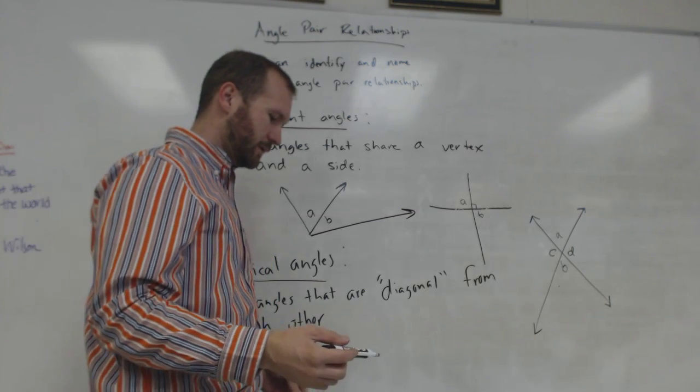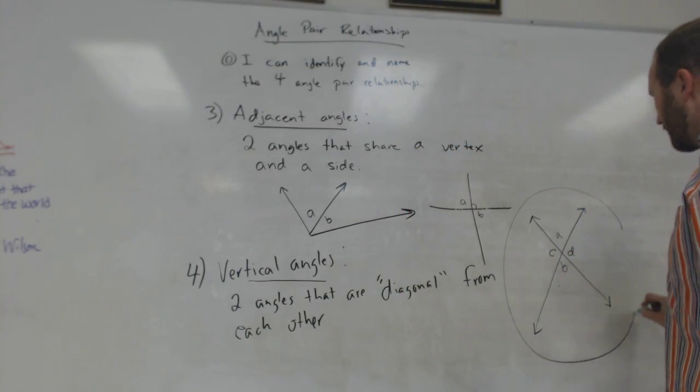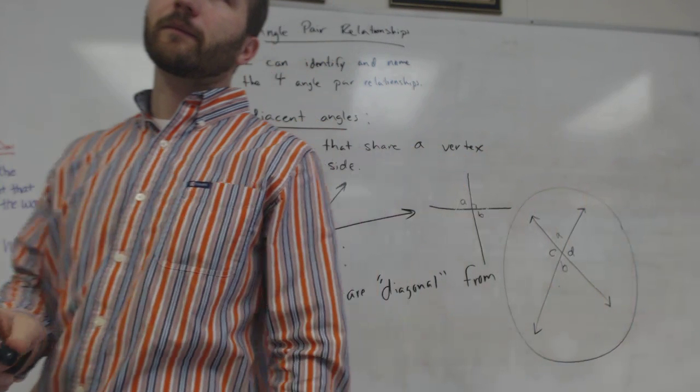In this diagram, what angle pairs can you identify? Let's try to. Lila. A and D are supplementary angles. Yeah, they're a linear pair. Good.